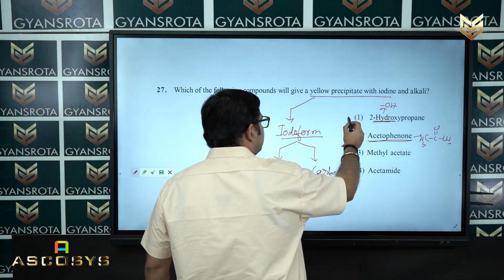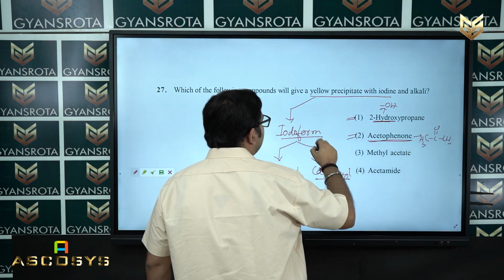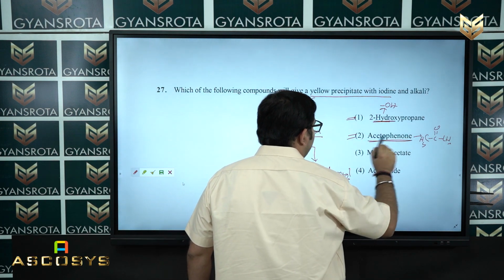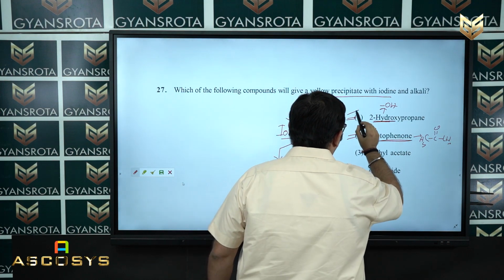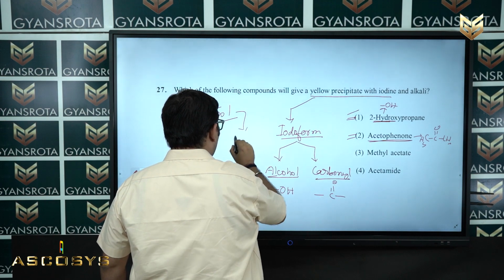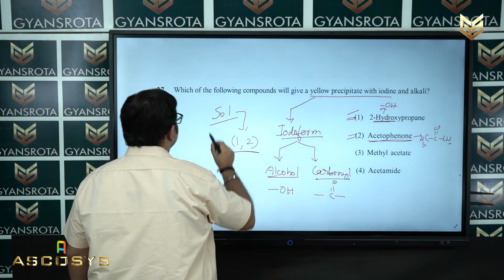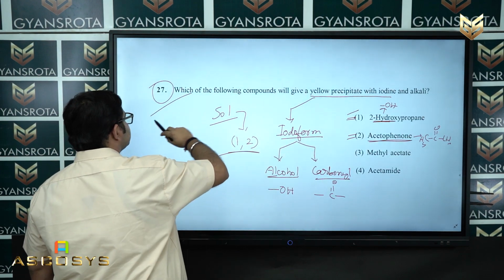So only option number 1 and option number 2 will give the yellow precipitate with iodine and alkali. So 1 and 2 is the correct answer of question number 27.